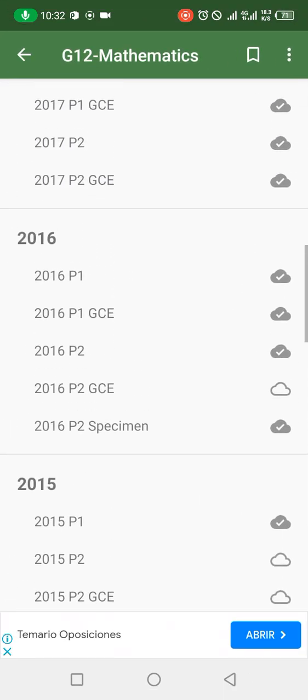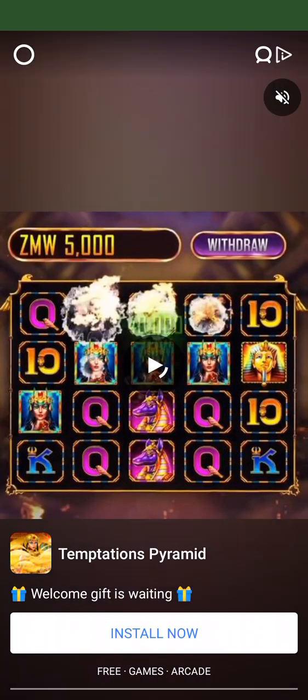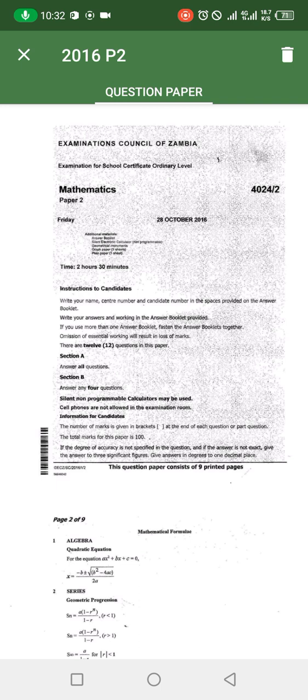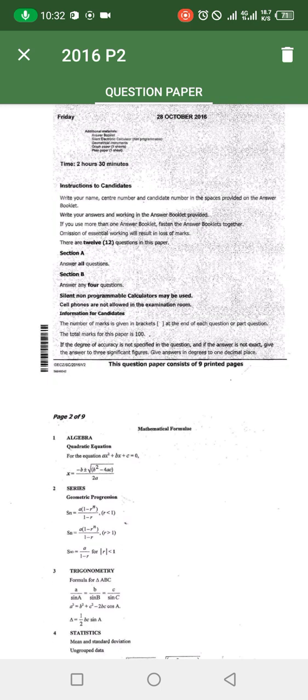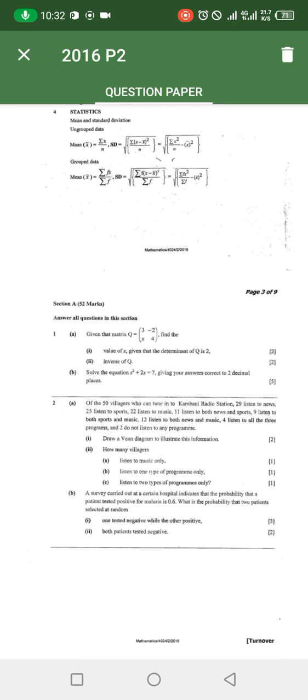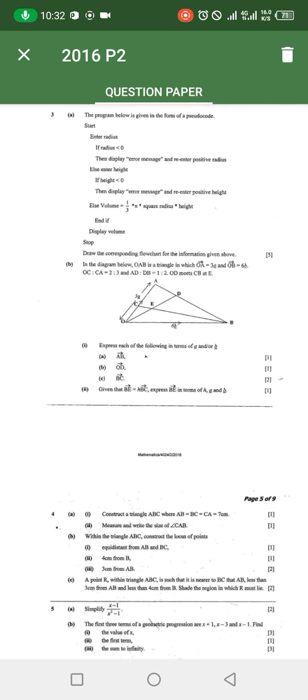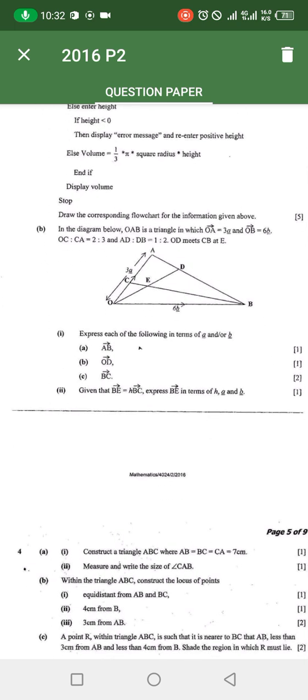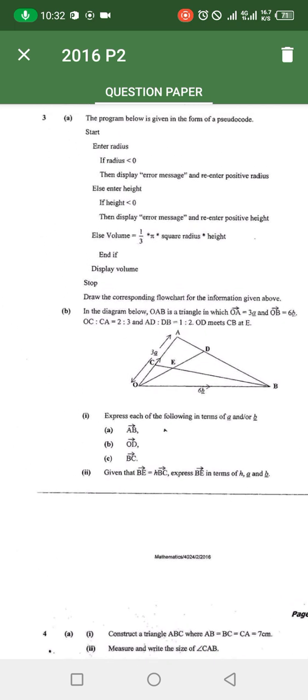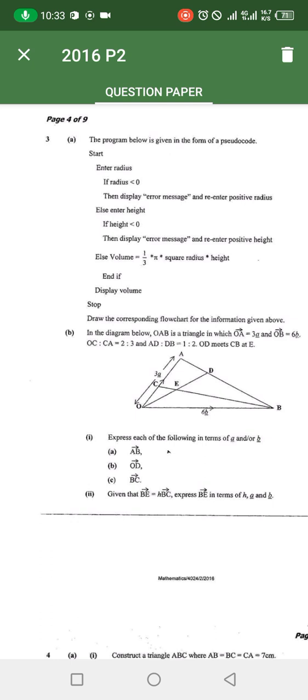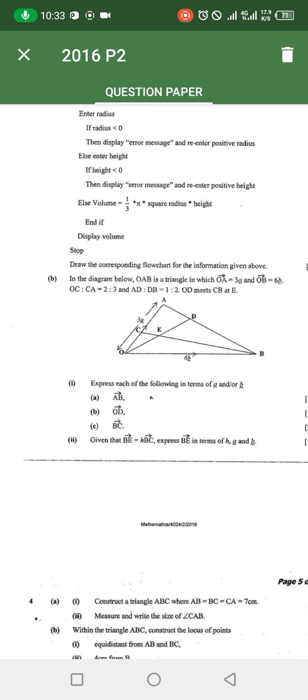Take note of the normal 2016. The normal, now 2016 October, it shouldn't be written specimen. It had ratios, so it's a very good question. So 2016 October, question 3B. Take note of that.